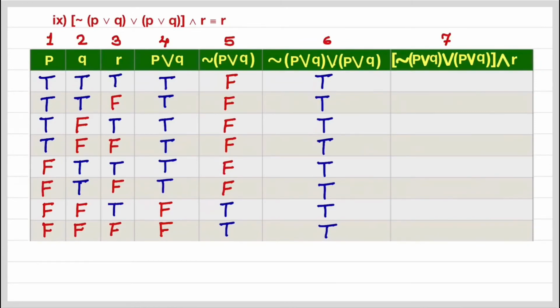Now take the conjunction of the 6th and 3rd statement columns. We know conjunction is true when both the statements are true, otherwise it is false. We can observe this conjunction is true when R is true, because the 6th entry is always true.